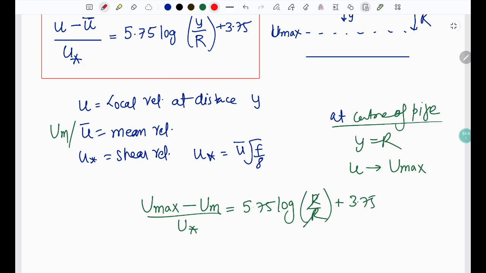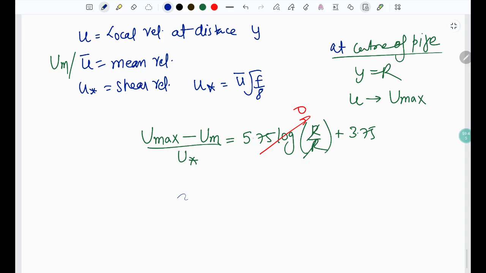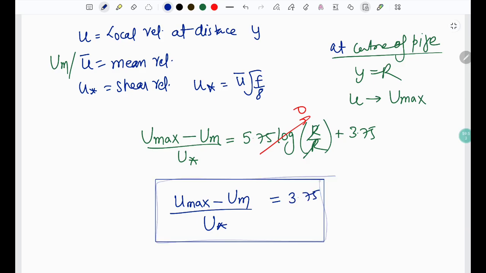Log 1 is 0, so this relation becomes u max minus um by u star equals 3.75.